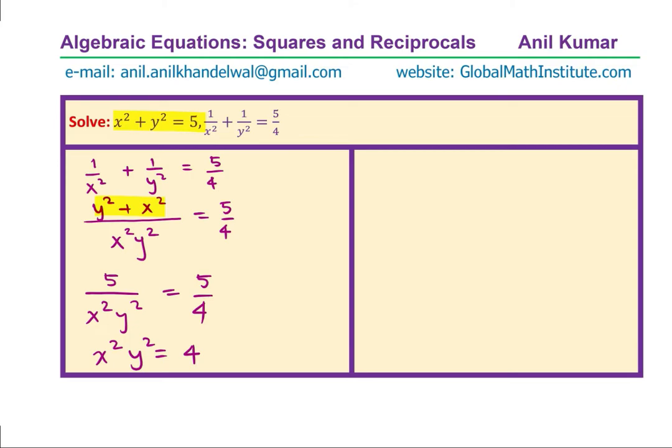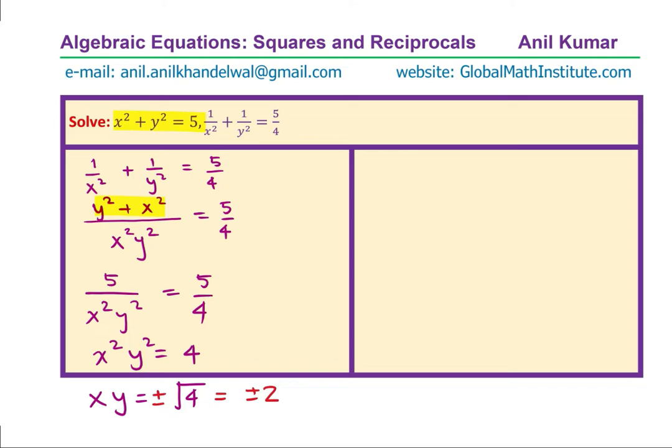Now that leads to xy being equal to the square root of 4. At this stage, it is very important to note that you always put plus and minus. If you don't do that, you're going to lose half of the answers, right? So we get plus and minus 2 as the value of the product of x and y.